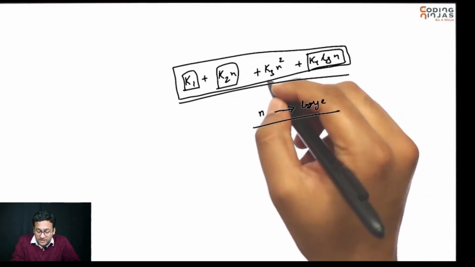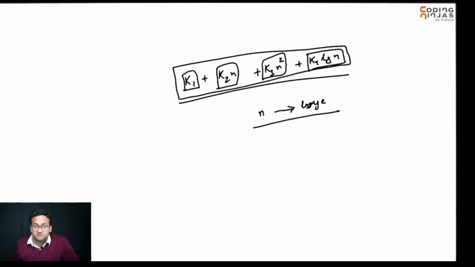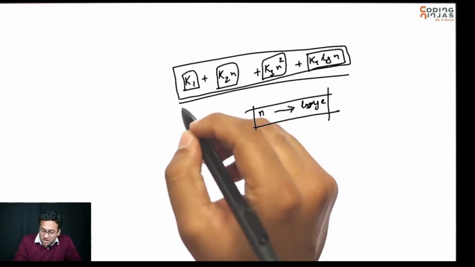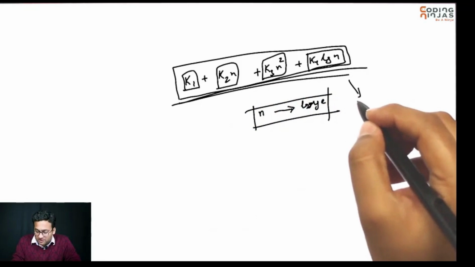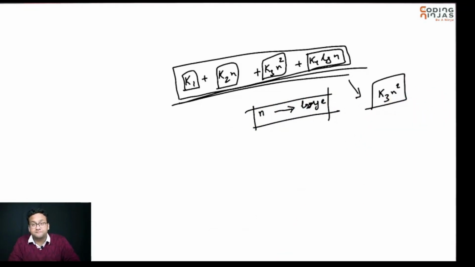But if you look at n square, it grows rapidly fast as n increases in size. As n keeps increasing, going to larger numbers, n square increases extremely fast. So as n goes to larger and larger numbers, out of these four terms, the one term that's going to dominate all of it is going to be k3 n square.